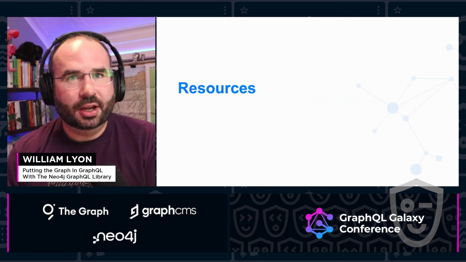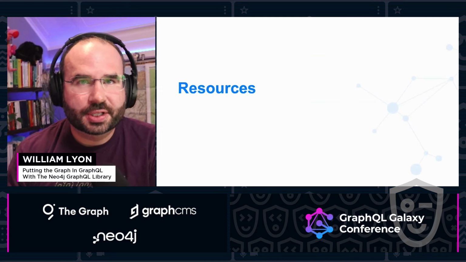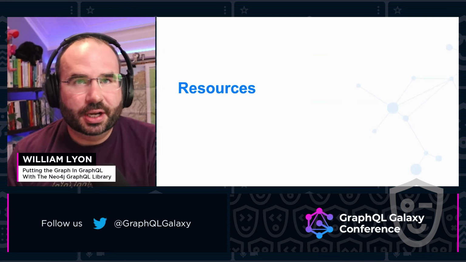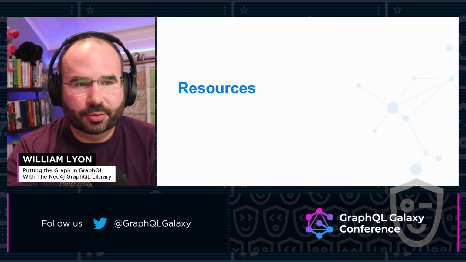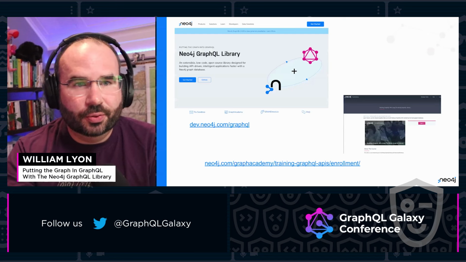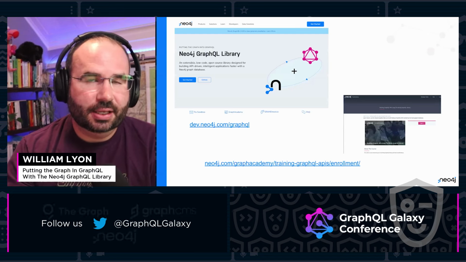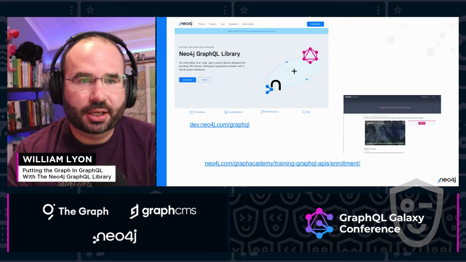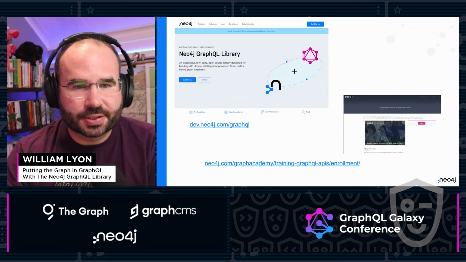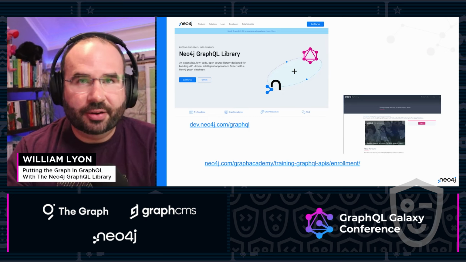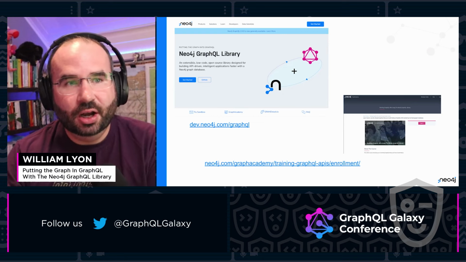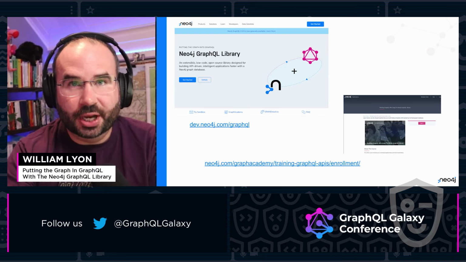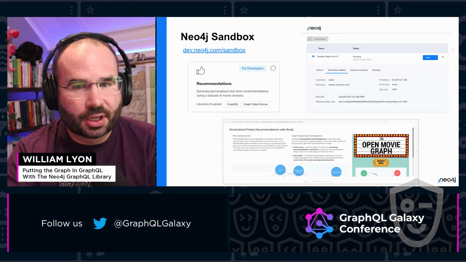Great. Well, I think that's all the time we have for today. I want to end on just talking about a few resources if you're interested in learning more. So one place that's good to start is the Neo4j GraphQL landing page that has links to documentation, examples, as well as a Graph Academy, which is a self-paced online training that goes into a lot more detail, all focused on building GraphQL APIs with Neo4j.